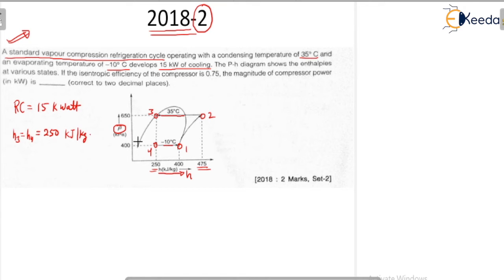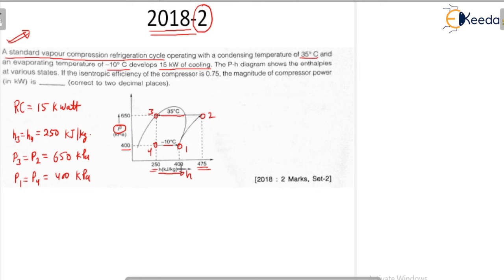This enthalpy is given. Also, the pressure P3 is equal to P2, given as 650 kilopascal, and P4 is equal to P1, given as 400 kilopascal.